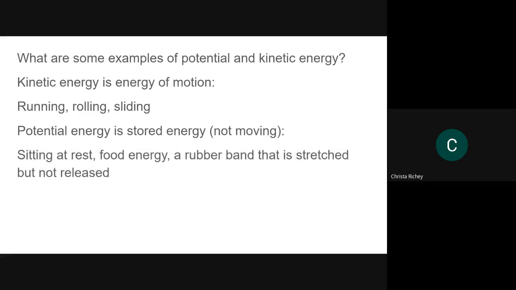It would be the energy that is stored within the bonds of things that you eat. You pull back a rubber band before you let it go. When it's shooting across the room, that's kinetic, but when it's stored, you haven't released it, that is potential. I would expect that you would be able to do this one, but just to be on the safe side, kinetic is while it is moving, and potential is when it is not moving.